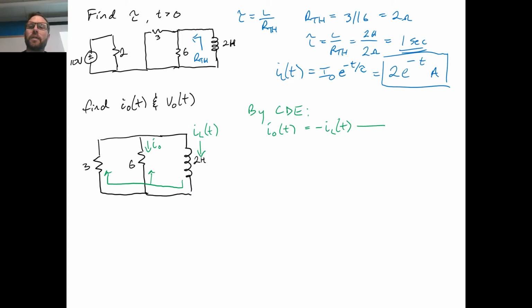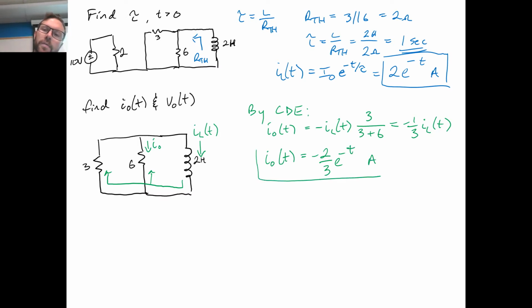So we put the 3 in the numerator and the sum of the resistive branches in the denominator, and we get minus 1/3 IL of t, which we already know. IL is 2 e to the minus t, so it's a negative 2/3 e to the minus t in amps. All right, so we got little I naught.